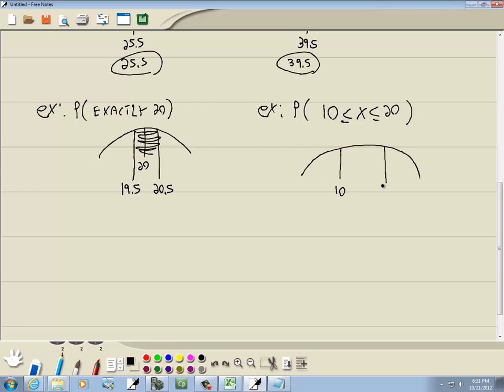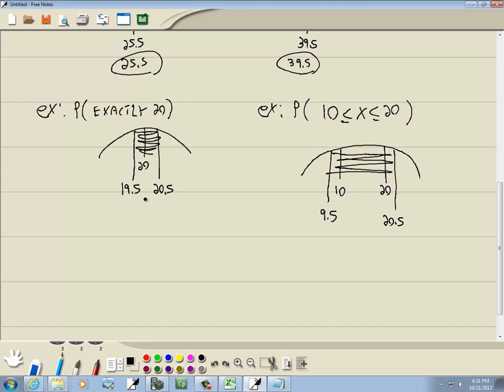So here's 10, and here's 20. Now it includes 10 and 20, and I'm shading in between, so I have to subtract 0.5 here, and add 0.5 over here. Because again, our wording includes 10 and 20, so our shading has to include 10 and 20.